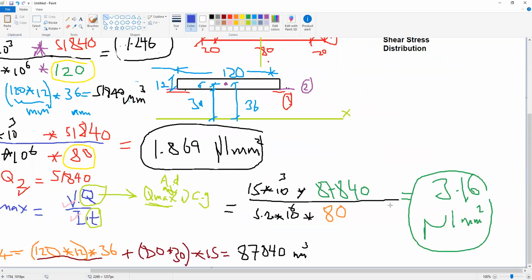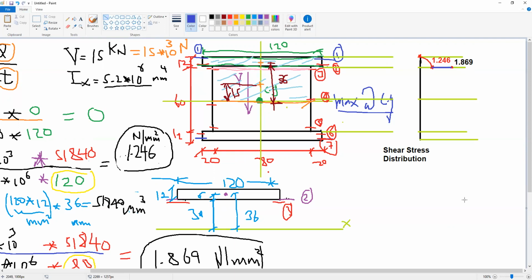How much is the shear stress at section 4? The value at section 4 is 3.16. So I will put it somewhere here. Here is the value of the maximum stress, tau max, which is 3.16.